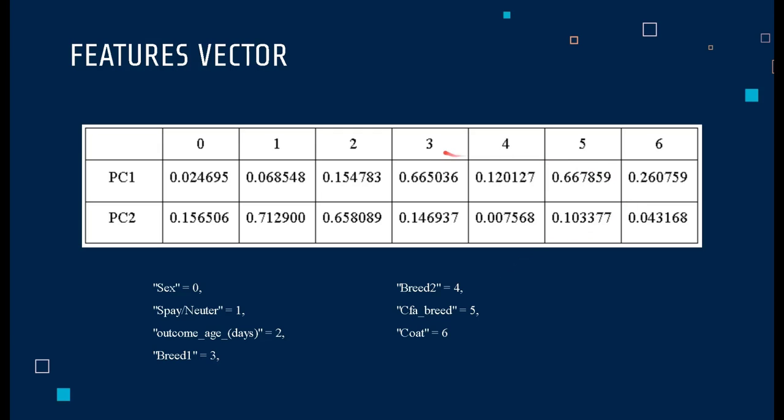So we will choose these two highest variables, and for PC2 we will choose feature 1 and feature 2, which is sex or nature and outcome age days, since these features achieve a higher score in this particular principal component.